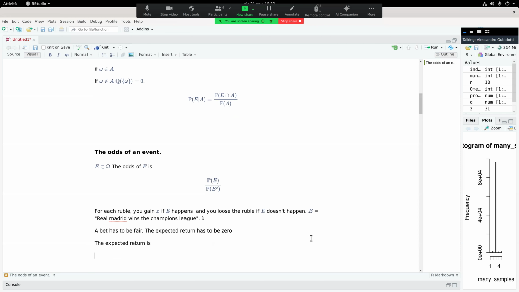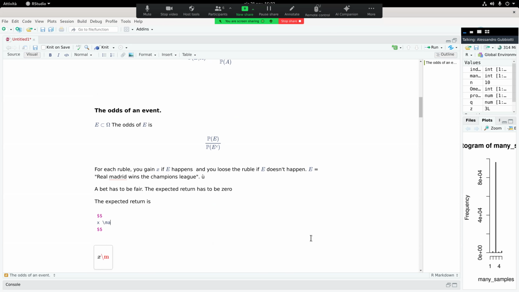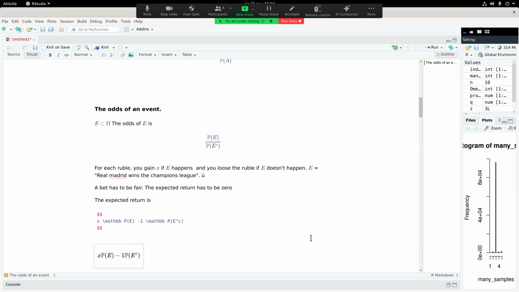It is what you expect, actually. So it is what you win times the probability of winning. You win only if E happens, so the probability of winning is the probability of E. Minus what you lose times the probability of losing. So you lose 1 ruble, and the probability of losing is the probability that E doesn't happen. This is the expected return, and you want it to be zero.